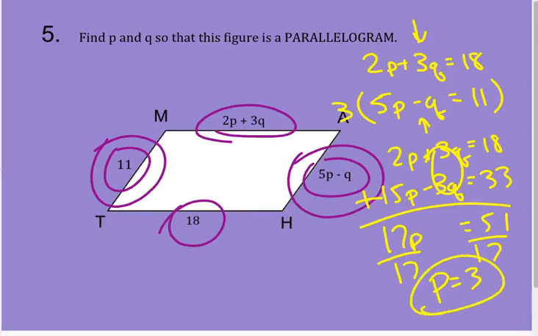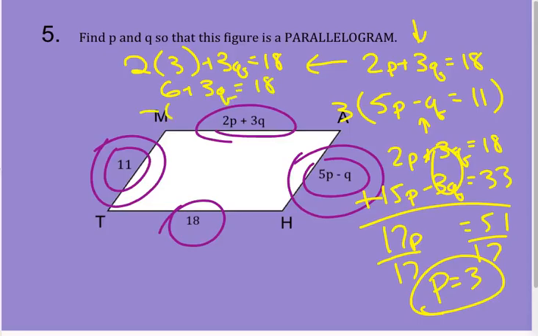So P equals 3, substitute that back in somewhere. I'll take this one, 2 times 3 plus 3Q equals 18. And now it's just straight algebra, like you've been solving for a long time. 3Q equals 12, Q is equal to 4.